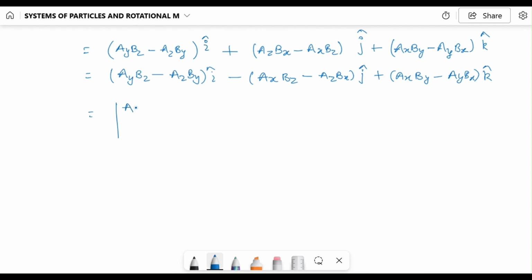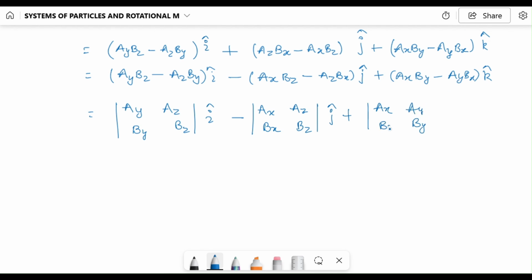So it will be ay here, and then bz, and then az here, and then by here, and i cap, minus ax, and here bz, then az will be bx, multiplied with j cap, and again we can write ax here, by, and then ay, and here bx, and k cap.